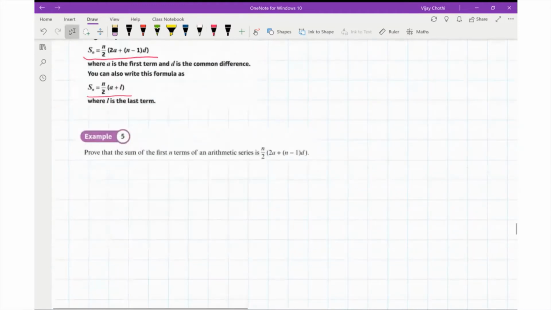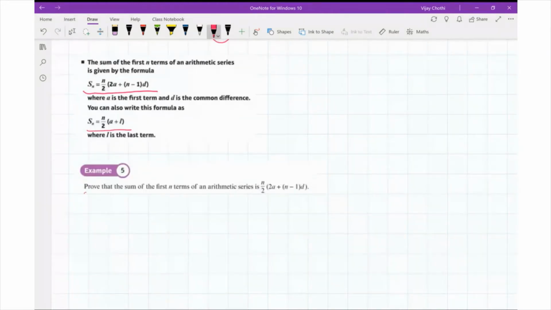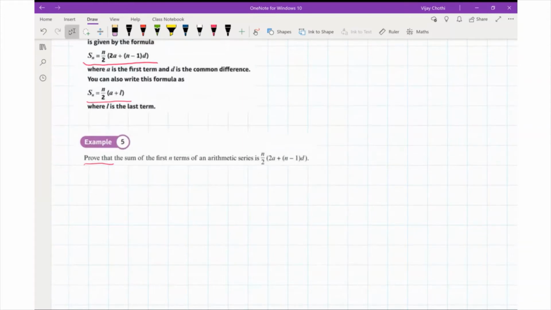The proof of the formula is basically the same technique as I showed you above. You write out the series, then you write it out backwards. So you begin by saying the sum to n terms. The first term is a. The second term, you add the common difference d.